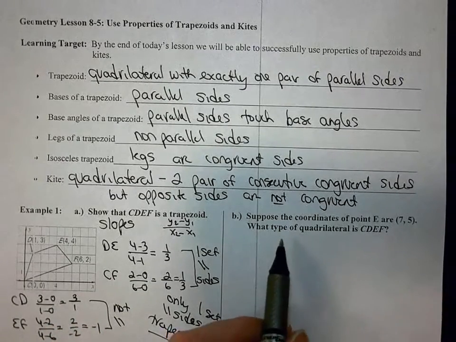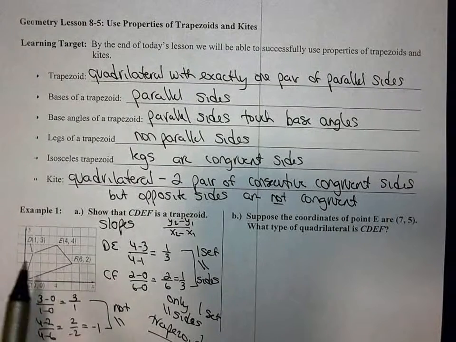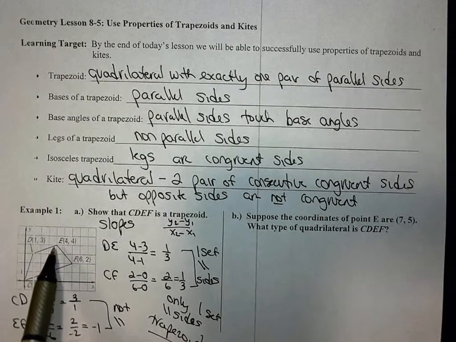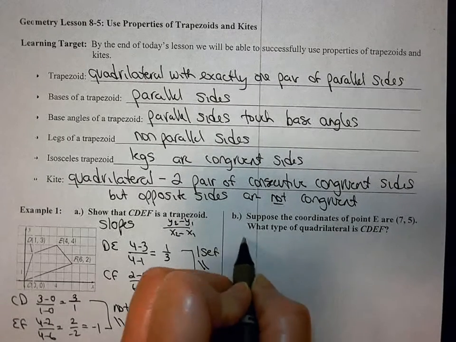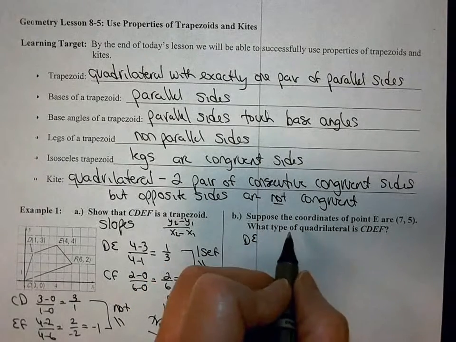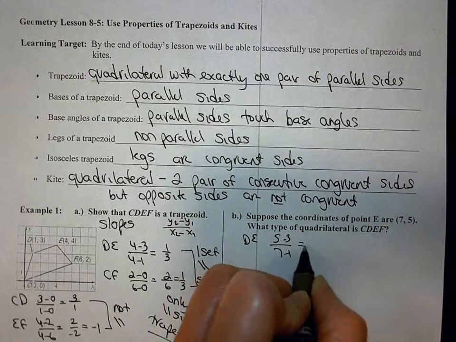Okay, now it says suppose the coordinates of point E are 7, 5. What type of quadrilateral would it be? Okay, so we're taking point E and moving it to 7, 5. If we do the same thing, we're going to find both DE and CF again. So for DE, we're going to do 5 minus 3 over 7 minus 1.